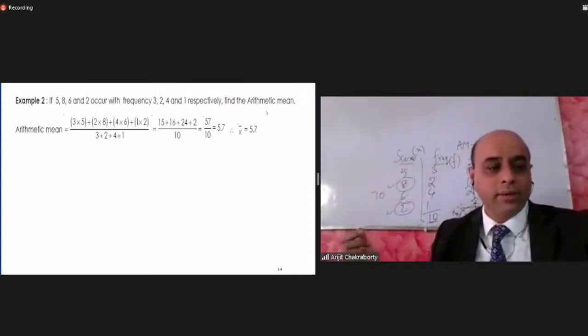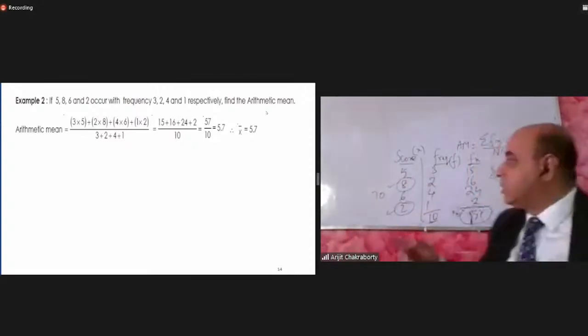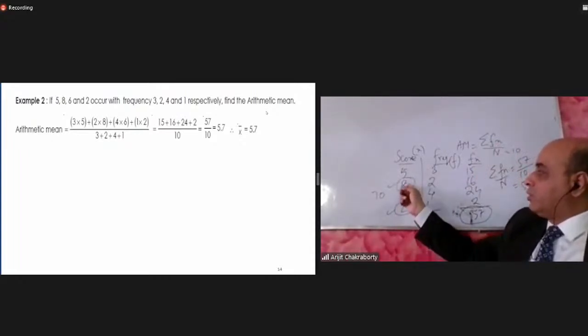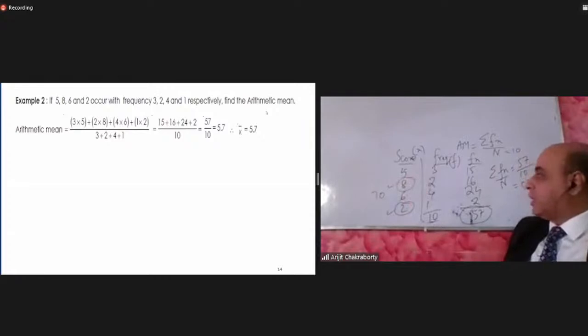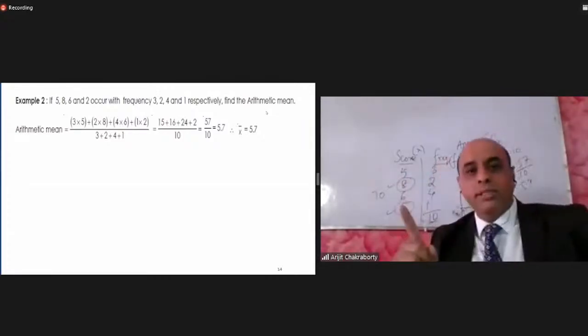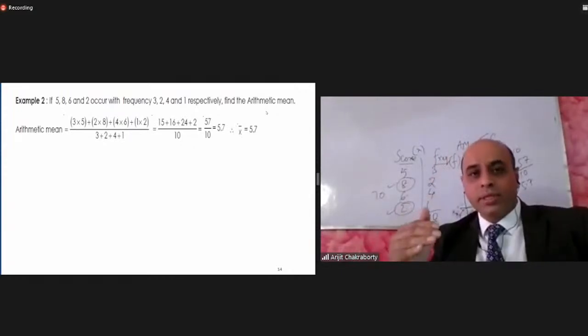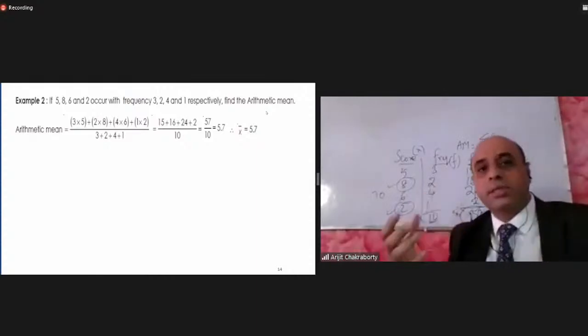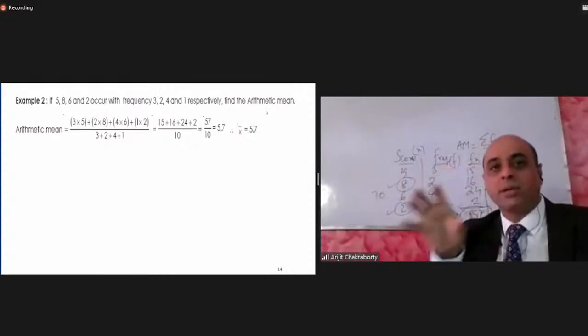And in case of central tendency, please see, one person has got 2, 4 people have got 6, 2 people have got 8, and 3 people have got 5. But the average score is coming to 5.7. 5.7 is very close to 5. And out of these scores, 5 is the central tendency, because 5 is the central part.